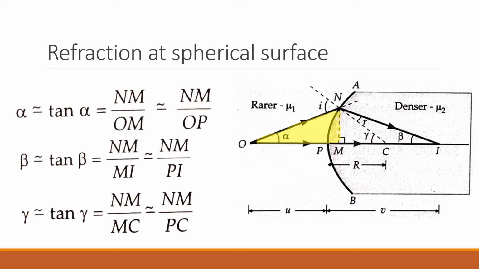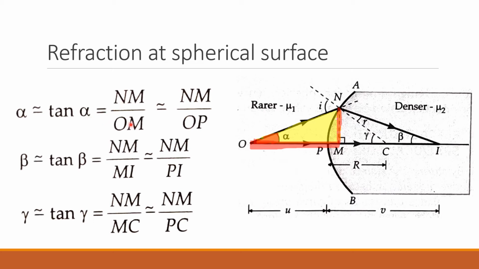In this right angle triangle, tan of alpha equals the opposite side NM divided by the adjacent side OM.